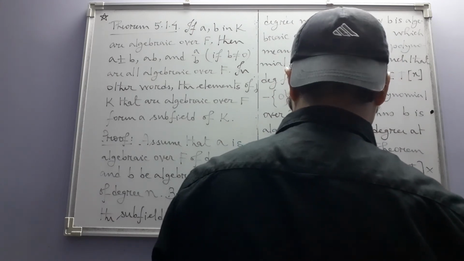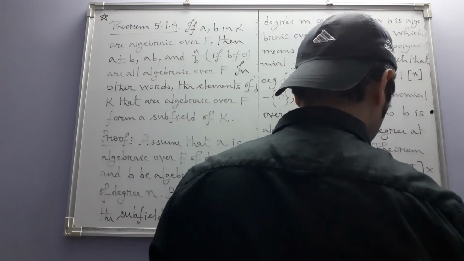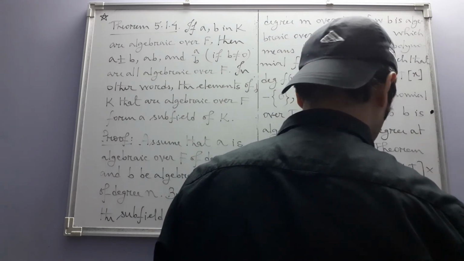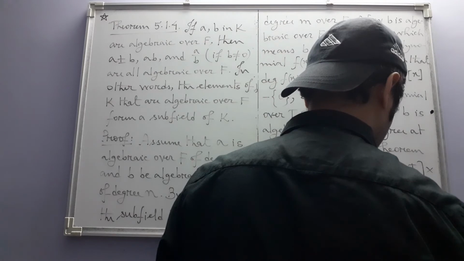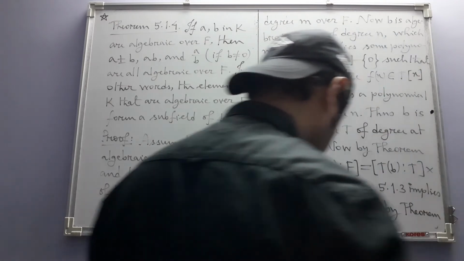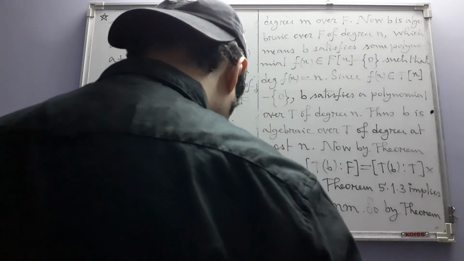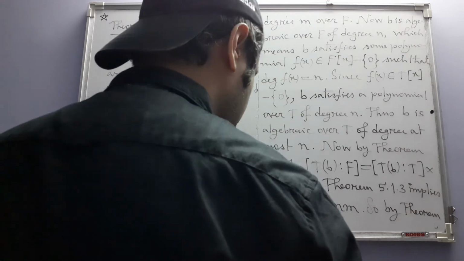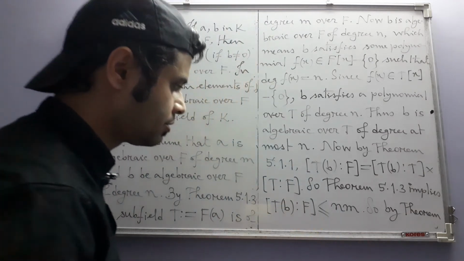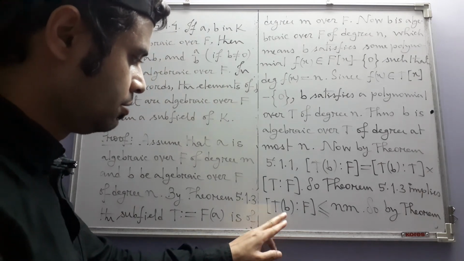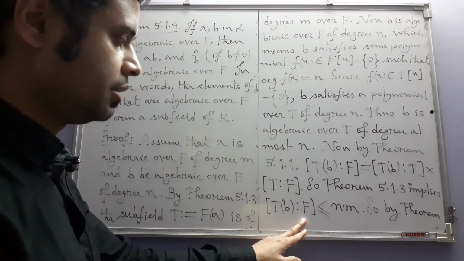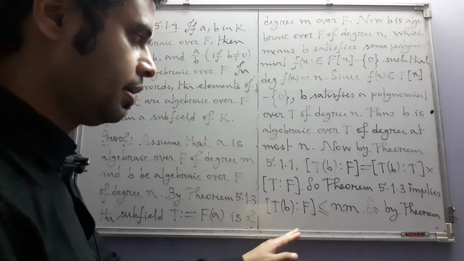So by theorem, what will this be? From here I want to say that B is algebraic over F of degree at most nm.